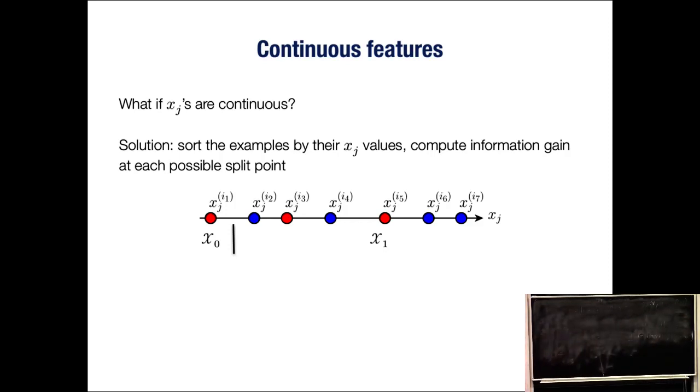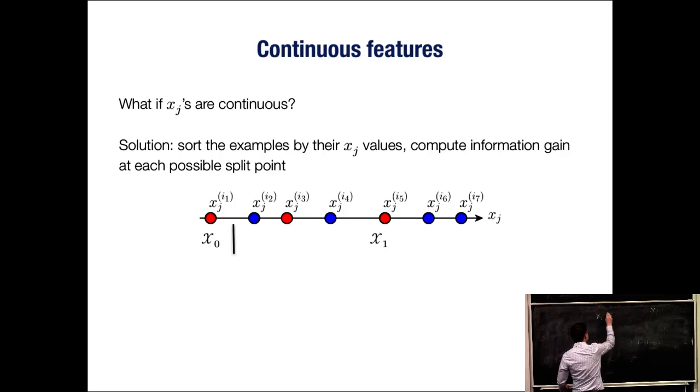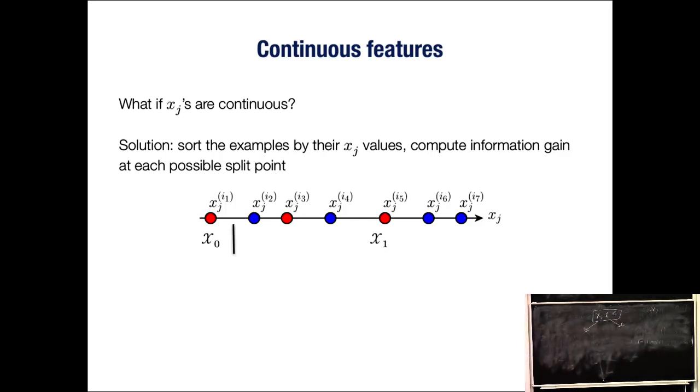We could do multiple thresholds as well, but that gets a little bit complex. So usually our split rule is something like this: xj less than or equal to some threshold c. If so, we go this way. Otherwise, we go this way. That's the normal rule.